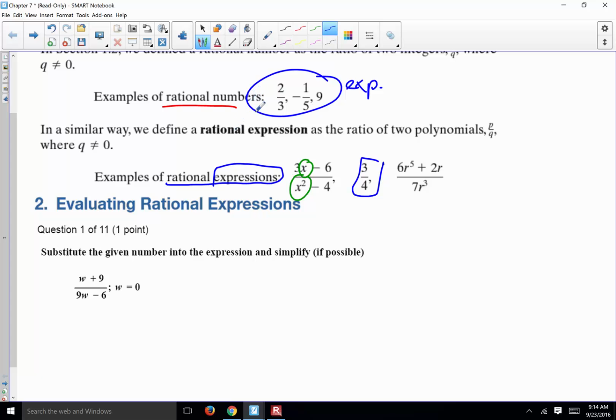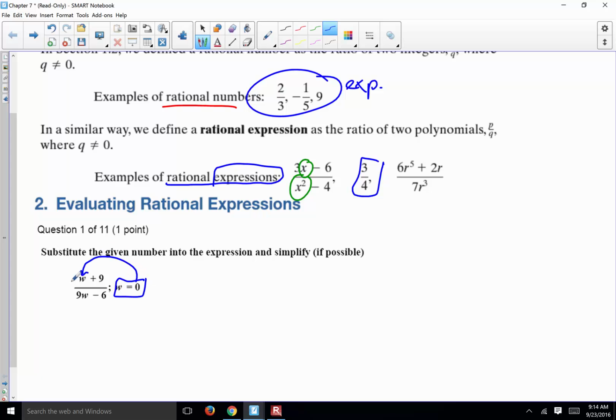Our first task with those expressions is very simple. I'm going to check your skills of substituting a number into a variable and simplifying it. So basically in questions number 1 and 2, you will simply evaluate. This is called evaluation. Evaluate the expression at the specified amount. So they told us W is becoming 0.